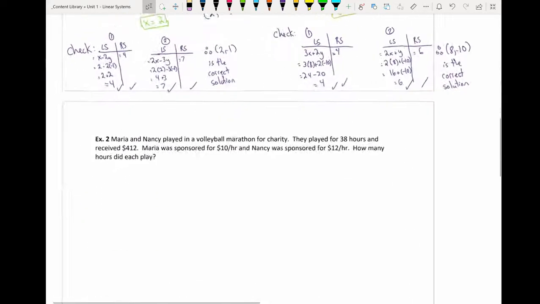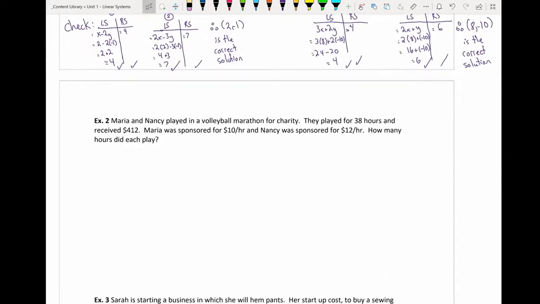So looking at example number 2, Maria and Nancy played in a volleyball marathon for charity. They played for 38 hours and received $412. Maria was sponsored for $10 an hour and Nancy was sponsored for $12 an hour. How many hours did each play? So what we're going to do here is we need to come up with our equations. So I need to figure out what my variables are going to be.